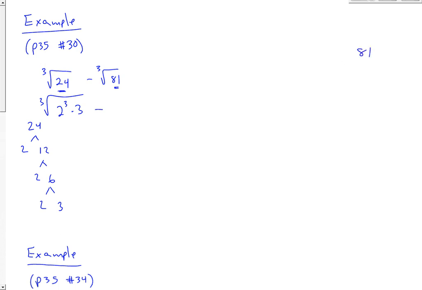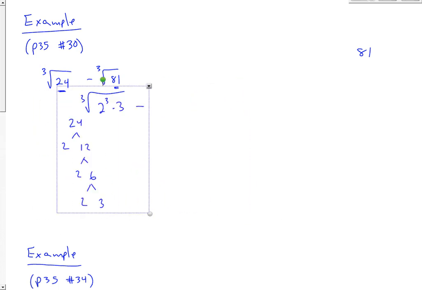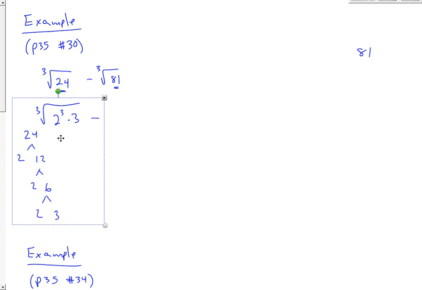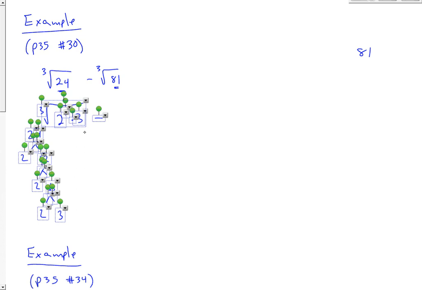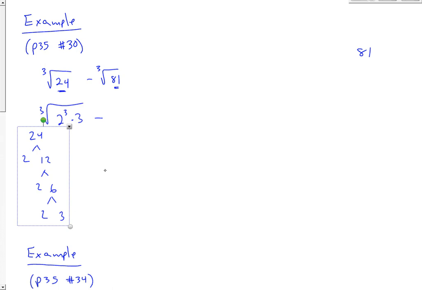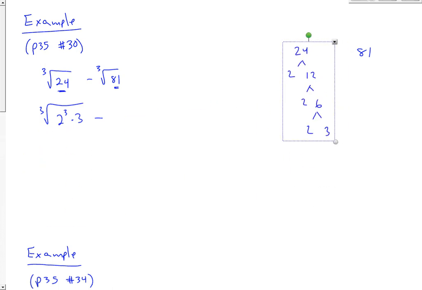I'm going to move my factor tree over. Hold on a minute. Let's do this. I'm going to move this over and get that out of the way. Sorry. Okay.